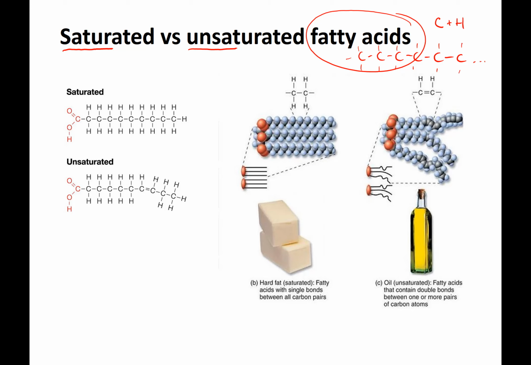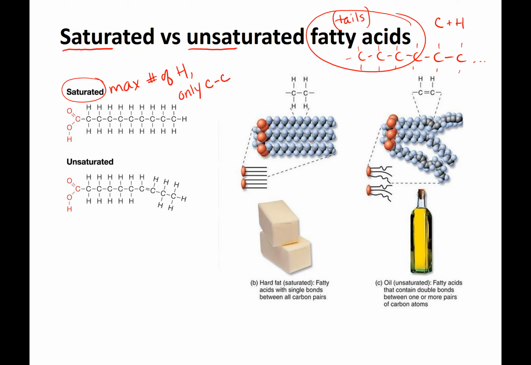Sometimes we call these tails on a phospholipid. And they can be saturated, which means the max number of hydrogens, right? Every carbon can make 4 bonds. So if you look, every carbon's got 4 bonds and it's saturated with hydrogens. It also means only carbon-carbon single covalent bonds.